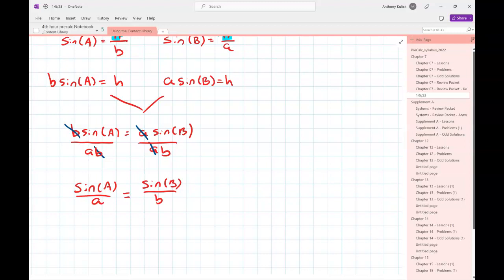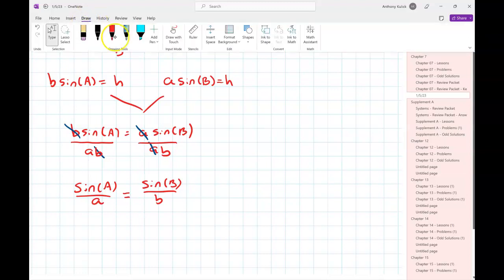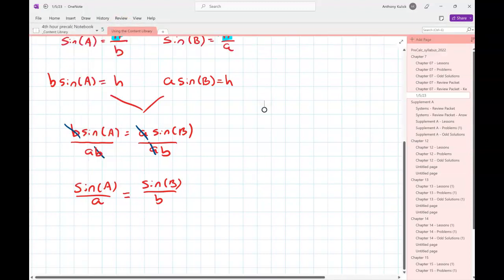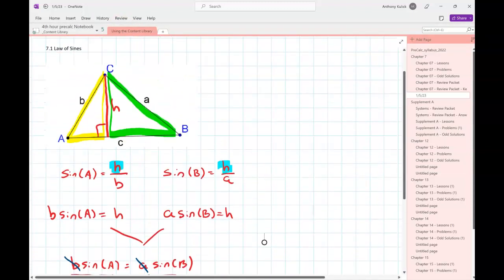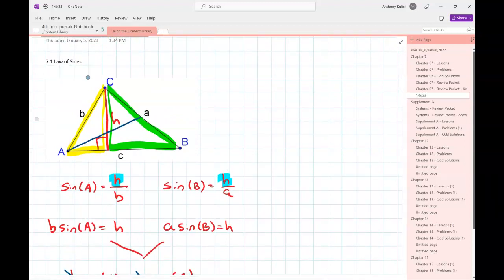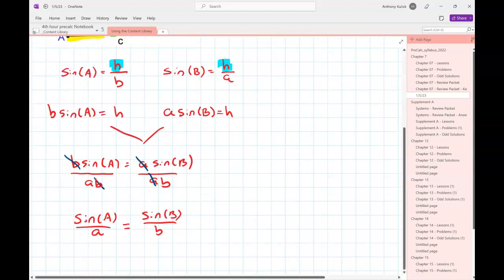This is only part of the law of sines. To finish it, I would go back to my picture, draw on a new altitude either from A or B, and repeat the same process.